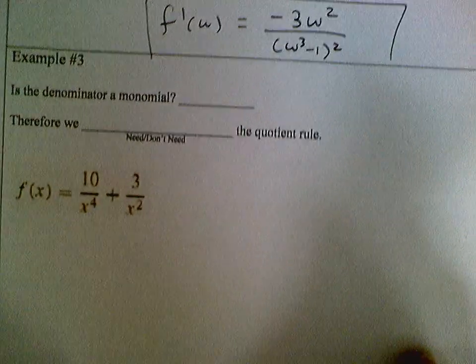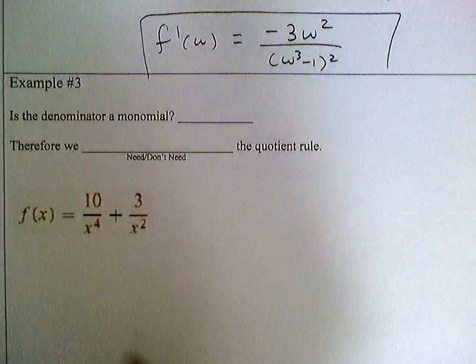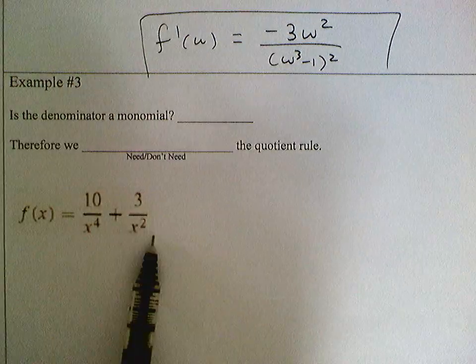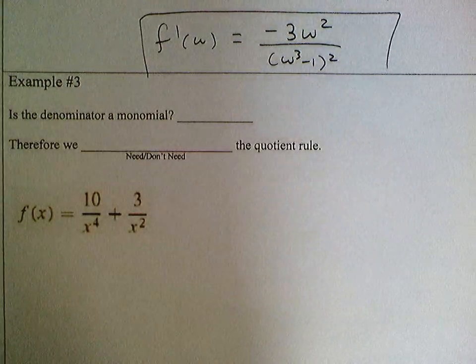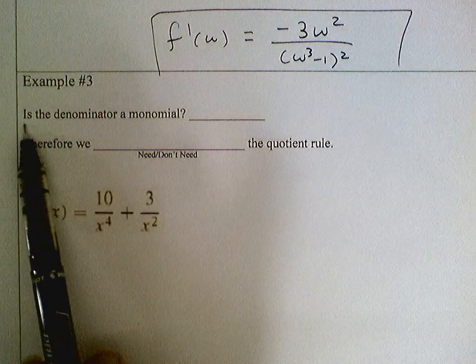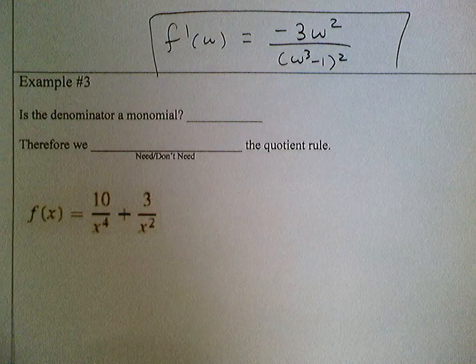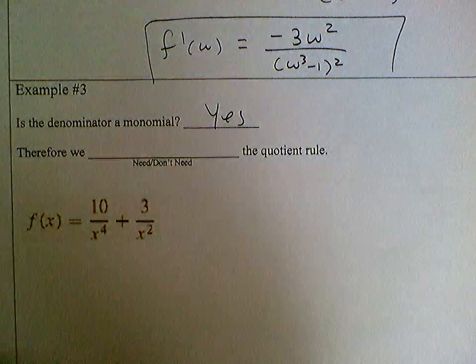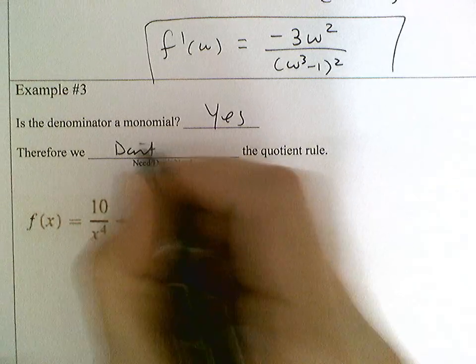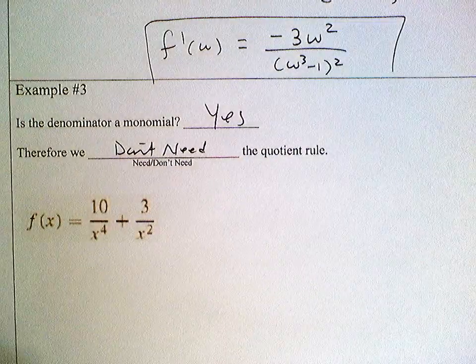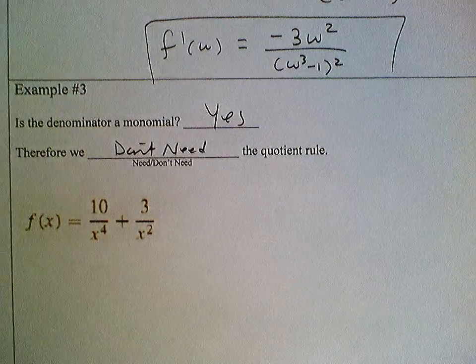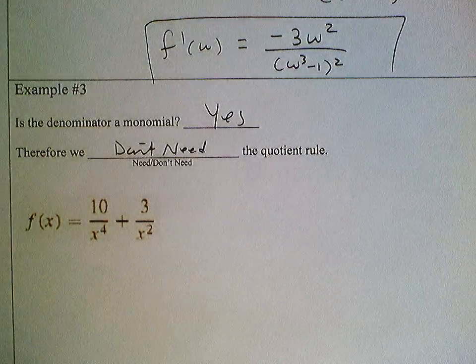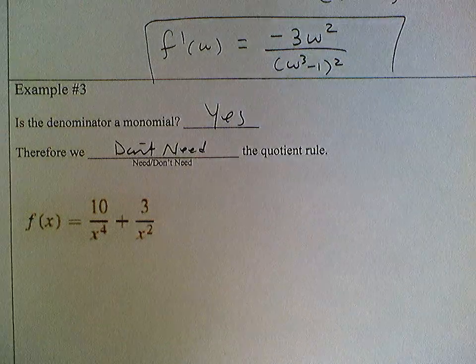Now, example 3, is the denominator a monomial? I actually have two denominators here, and they are both monomials. So I probably should have said, are the denominators monomials? So I'm going to say yes. Therefore, we don't need the quotient rule. Guys, if the denominator is a monomial, then you could just break stuff up and then use the power rule.